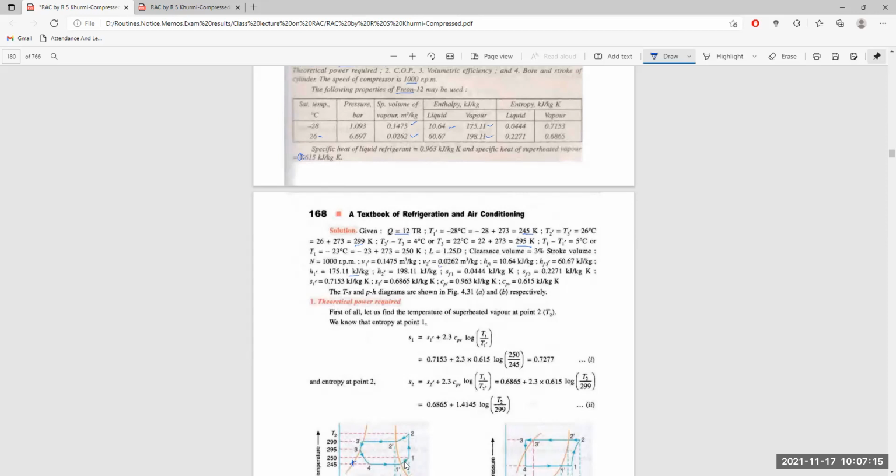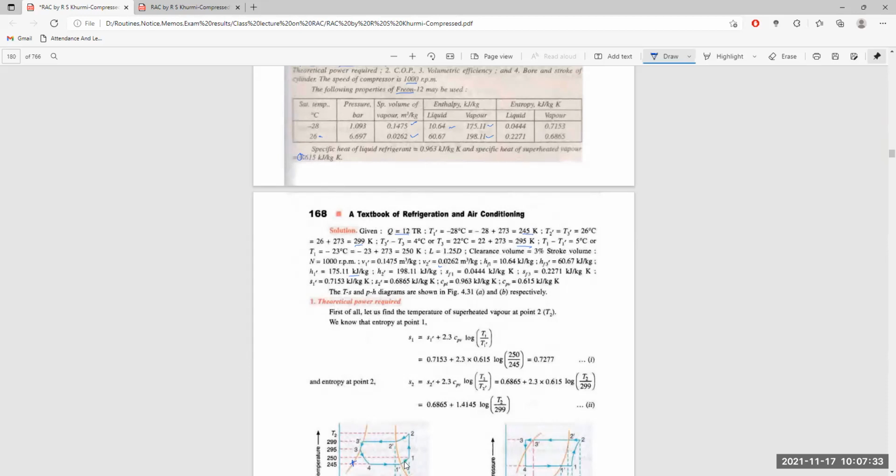Now next comes the entropy. SF1, entropy at the point 1 in the liquid state, is given as 0.44 kilojoule per kg degree Kelvin.